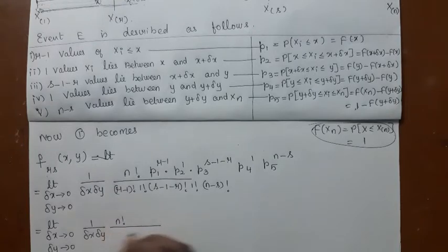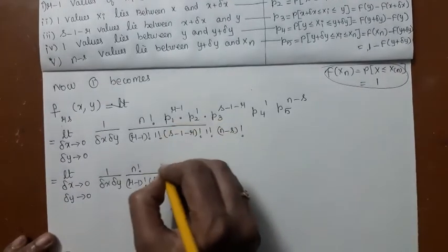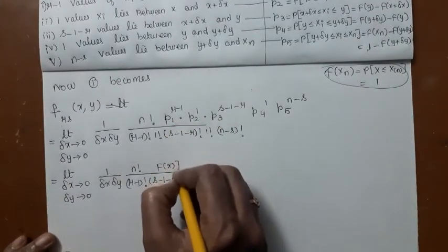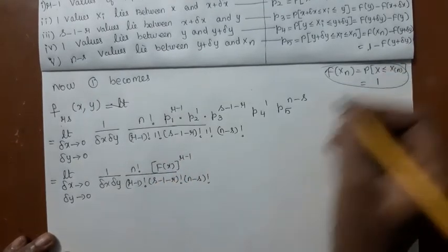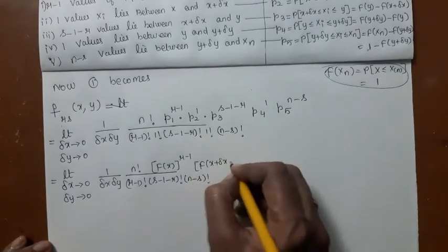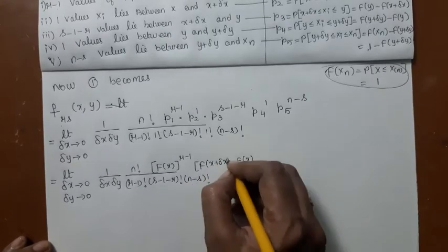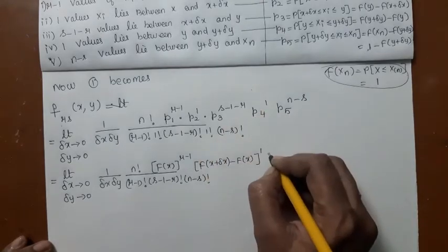So this 1 factorial I can just leave. The answer for 1 factorial I know it is 1. Okay, fine. Now what is P1? F of x power r minus 1. And what is P2? F of x plus delta x minus F of x power 1. What is P3?